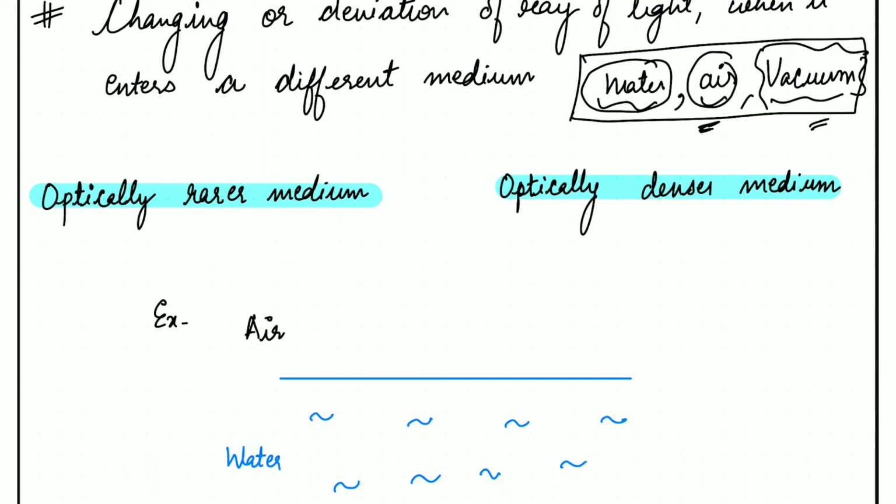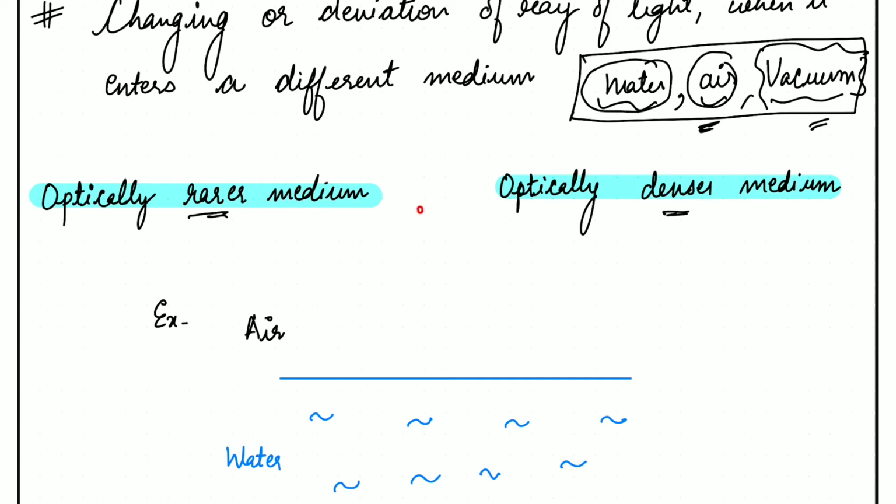On the other hand, there is something known as optically rarer and denser medium. What do we mean by rarer and denser medium? Whenever we compare different mediums, there is a denser medium and a rarer medium. This concept can only be understood when you compare any two mediums.